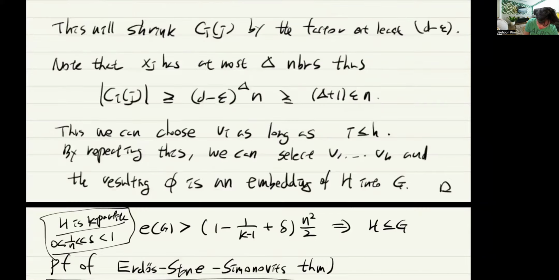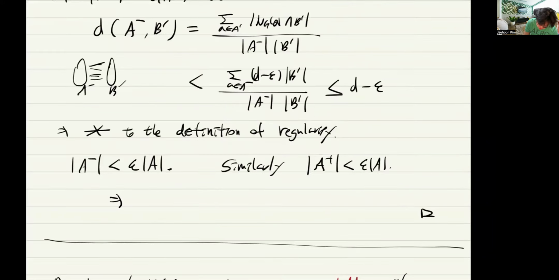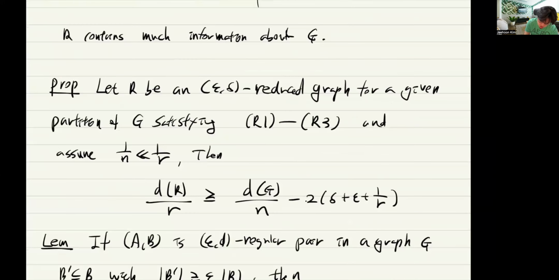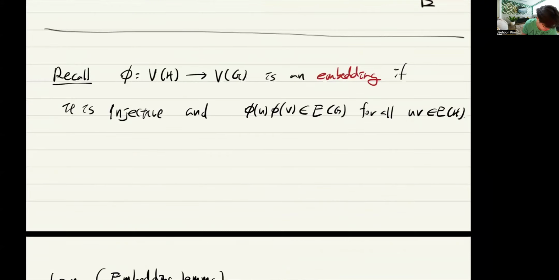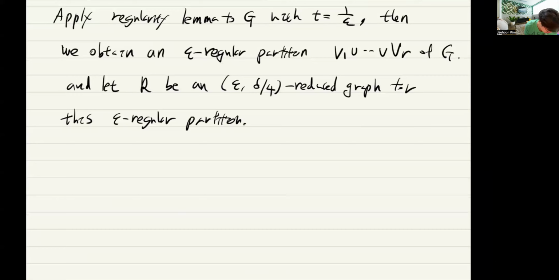And what we know is this proposition that we didn't prove but introduced before: the reduced graph inherits the average degree. To be more precise, if you have a lower bound on the average degree, then the reduced graph almost inherits that lower bound. It could have a higher average degree, but the average degree does not decrease too much.